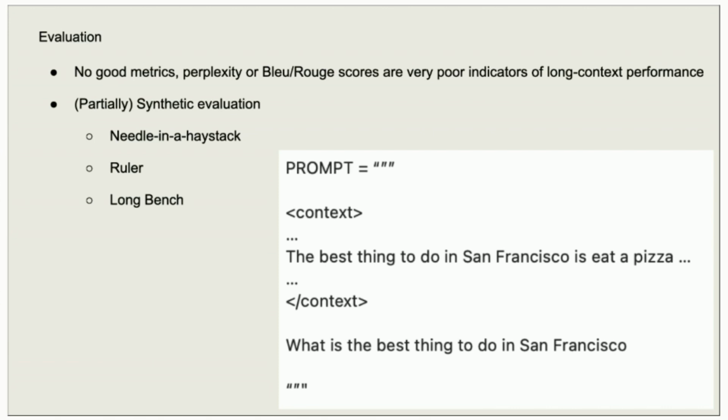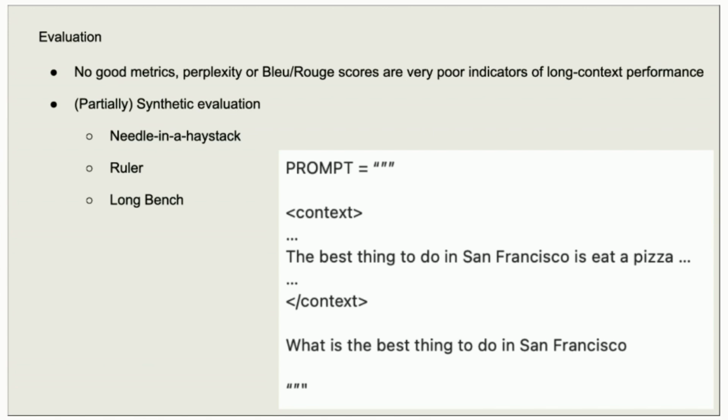I'll give an example of needle in a haystack. This is a partially synthetic data where you have a bunch of essays and you concatenate all the essays into a long corpus, and then somewhere in the context you arbitrarily insert a sentence into this entire corpus. In this example, we're inserting "the best thing to do in San Francisco is eat a pizza," and you ask the model at the very end, what is the best thing to do in San Francisco?